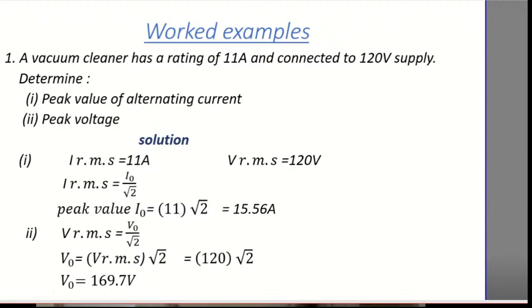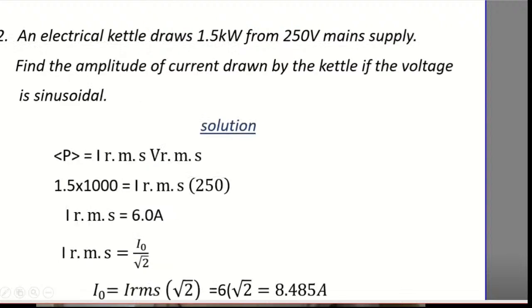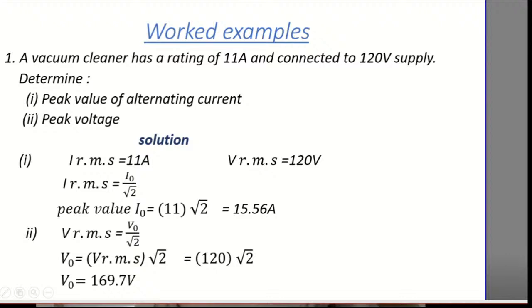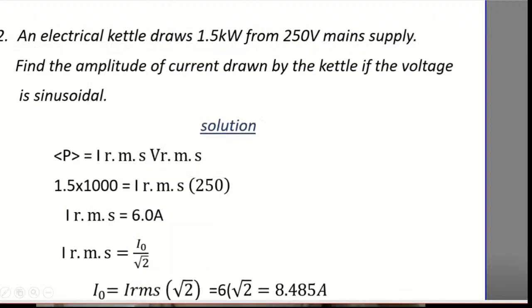And for the root mean square value of alternating voltage, we use the same formula. The voltage was given as 120, so we substitute in the expression, and then we finally get the answer to be 169.7 volts.